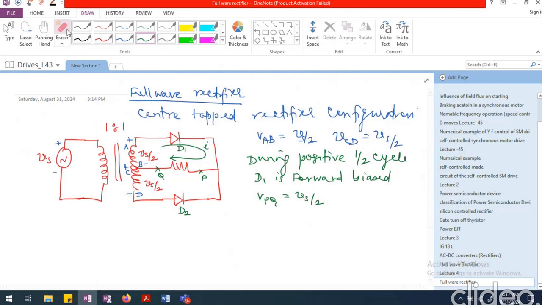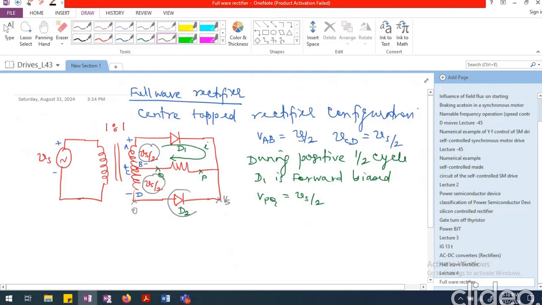Under that condition, if I look at the voltage, this is Vs by 2 and this is also Vs divided by 2. So from D to A, the voltage is Vs divided by 2 plus Vs divided by 2, so we will have a voltage of Vs here, and this is the reference point.